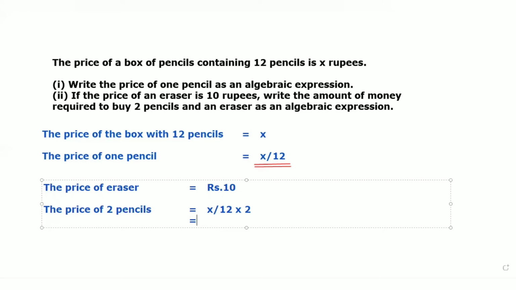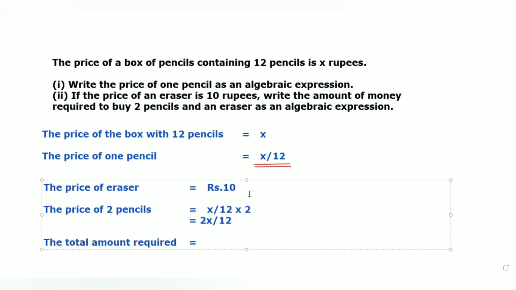The price of 2 pencils will be 2x divided by 12, right? 2x divided by 12. Now the total amount he requires: the total amount required to buy the 2 pencils and the eraser.